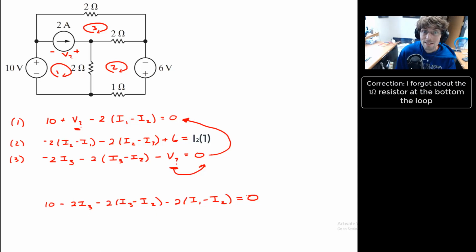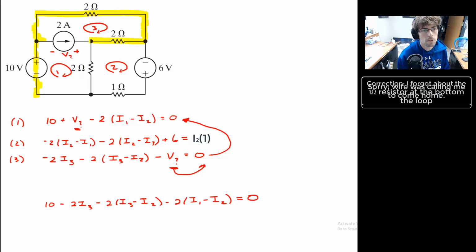Now let's look at this equation for a second. This equation that we have written down. Do you see that that equation I could have arrived at had I started here and I go through my 10-volt supply, and instead of doing my small loop here, I keep going and I go through this 2 ohm resistor at the top, this 2 ohm resistor, that 2 ohm resistor back to the bottom.